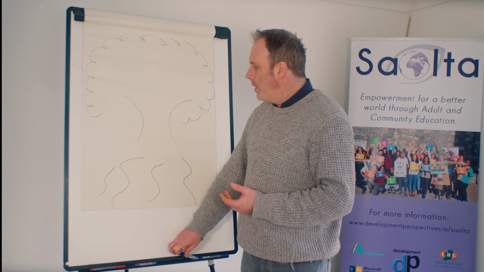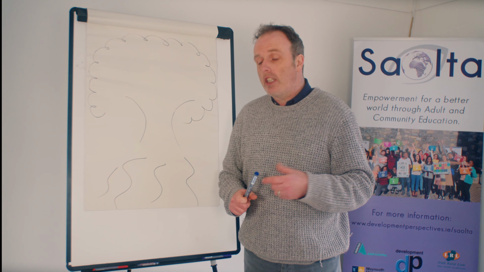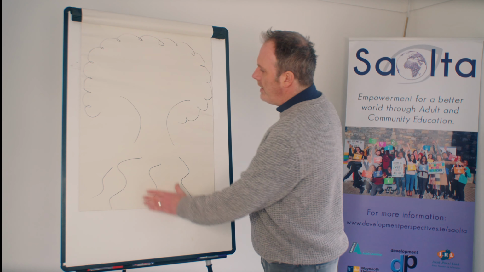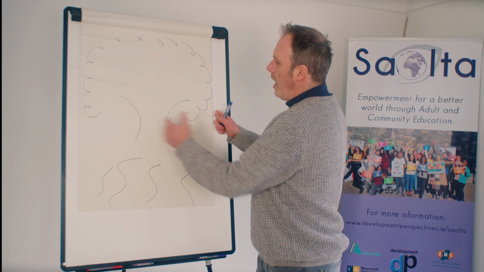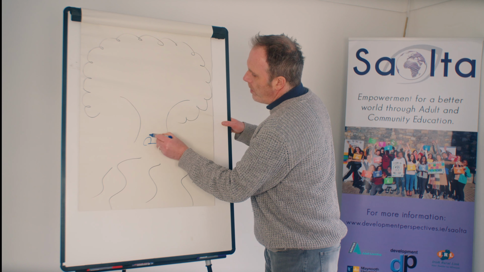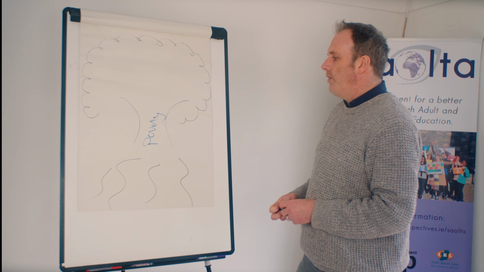Oftentimes we would ask groups to identify what is the biggest issue or challenge in their community. And whatever they would identify, we could put in the trunk of the tree. So imagine if we put poverty as an example of an issue that could be affecting a community.